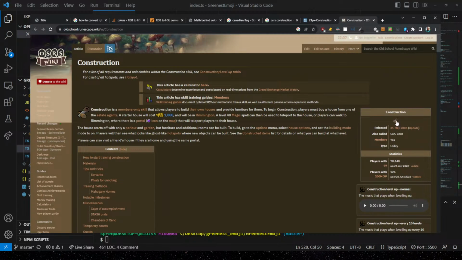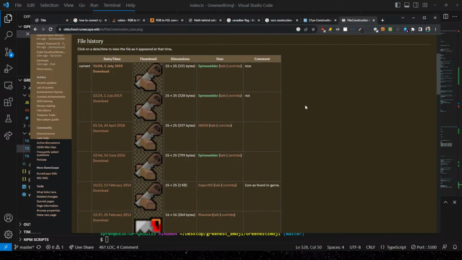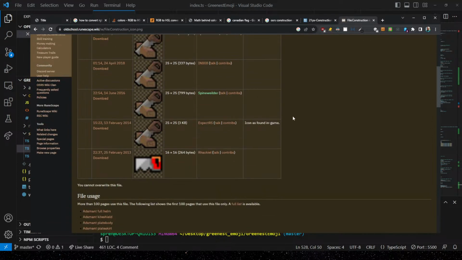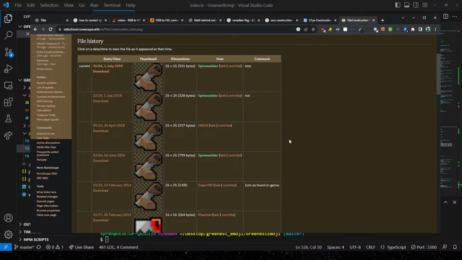There we go. What's this one? I'm looking at it. I don't see the green pixel.